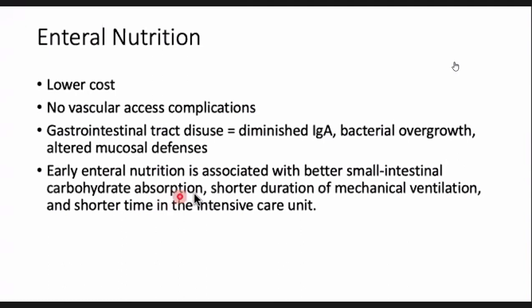In the setting of early enteral nutrition, there will be better small intestinal carbohydrate absorption, shorter duration of mechanical ventilation, and shorter time in the intensive care unit. So for us surgeons, we always advocate for enteral nutrition.